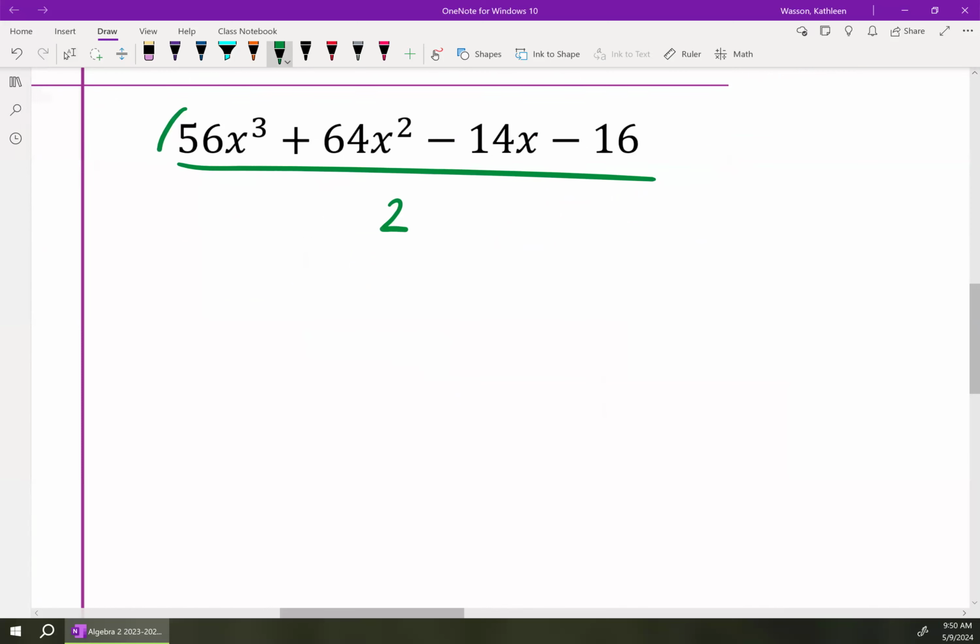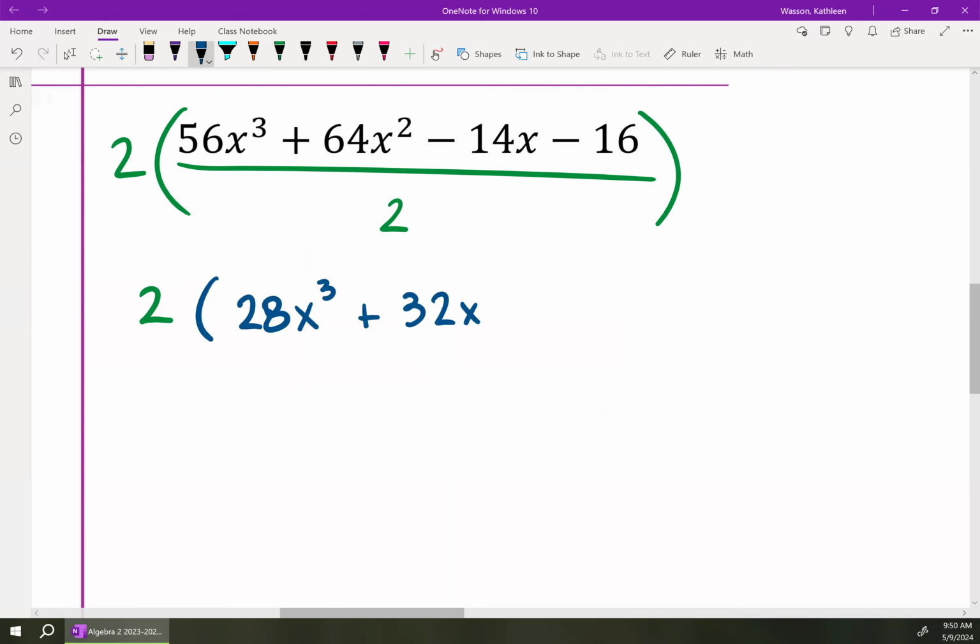Go ahead and factor out 2. And I can write this as 2 times 28x to the third plus 32x squared minus 7x minus 8.